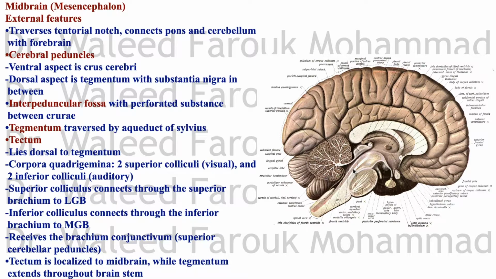The superior colliculus connects through the superior brachium to the lateral geniculate nucleus, or the lateral geniculate body, which is part of the visual pathway. And the inferior colliculus connects through the inferior brachium to the medial geniculate body, or the medial geniculate nucleus. We cannot see them here.